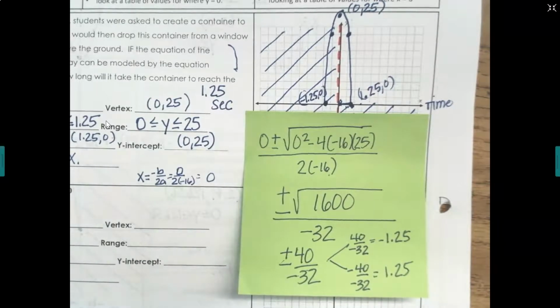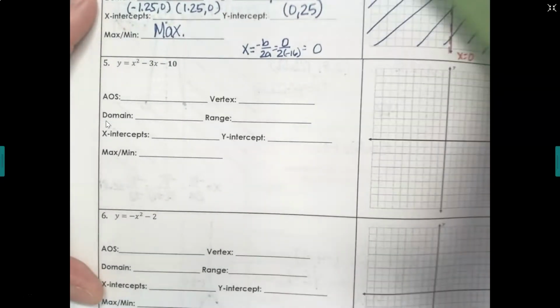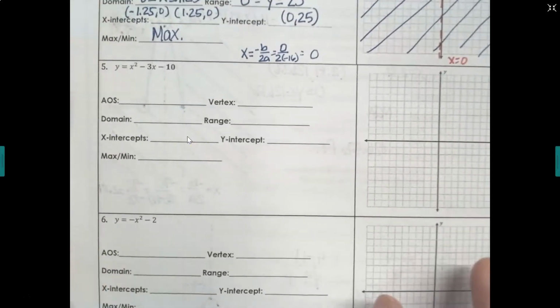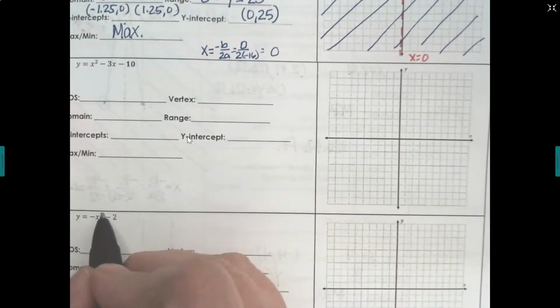Hopefully you're kind of feeling how the real world is relating to our graphs. They're a little bit more complex, but we'll get used to them as we keep practicing. Let's finish this out with just two regular graphs. This should be a little bit easier. So let's get our axis of symmetry so we know where to start.